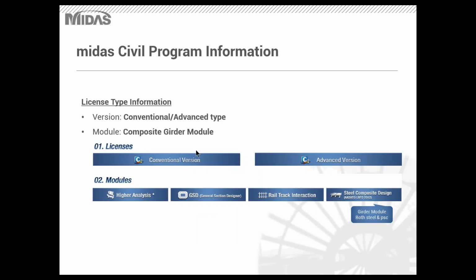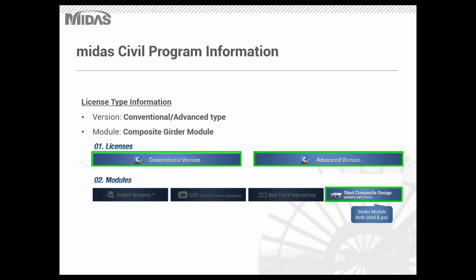And in terms of license, you will need either conventional or advanced. If you are working on an intense splice girder construction, you will need the advanced version because only 10 stagings are supported for the conventional version. But besides that, for just the conventional PC composite application, the conventional version may be okay.